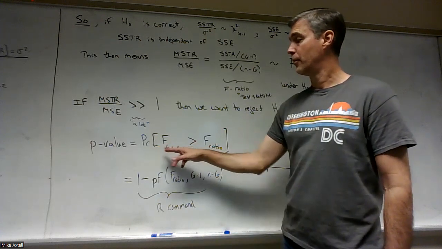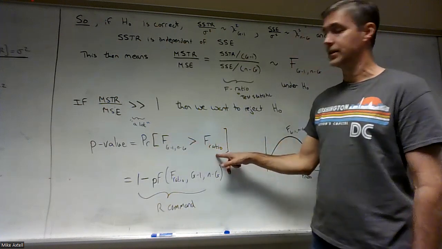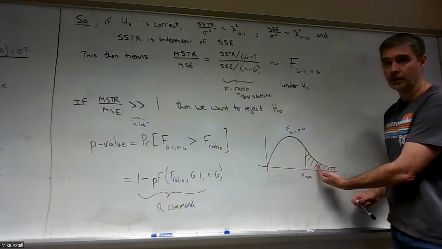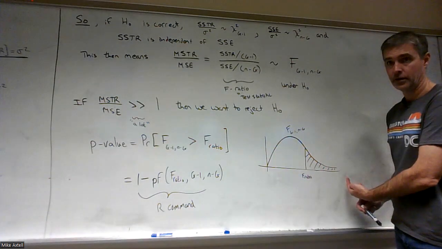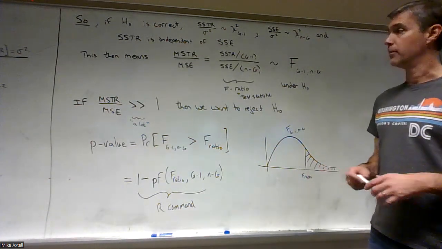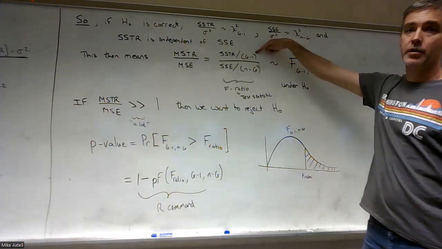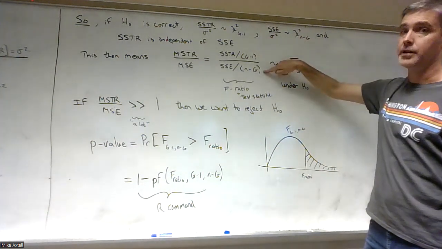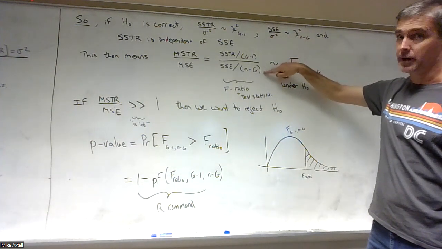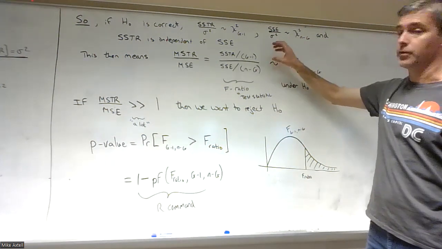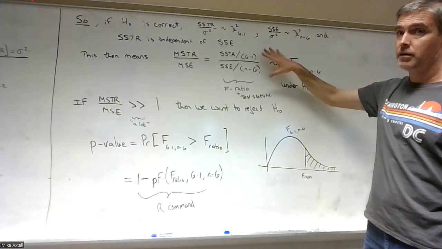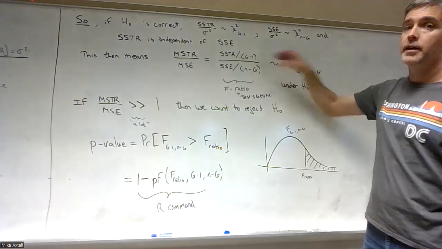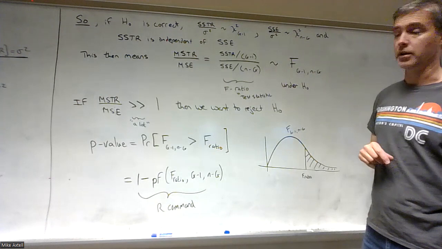We look at the probability that the distribution exceeds that F ratio. Okay, so we're looking at the right tail of the F distribution for our p-value. Because much larger means that this numerator has overestimated sigma squared, while the denominator is the unbiased estimator of sigma squared. So it's probably going to be bang on sigma squared. So either this thing will be about 1, in which case we'll accept the null hypothesis, or it's going to be larger than 1, in which case we start to think about rejecting the null hypothesis.